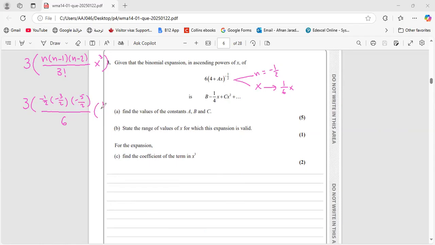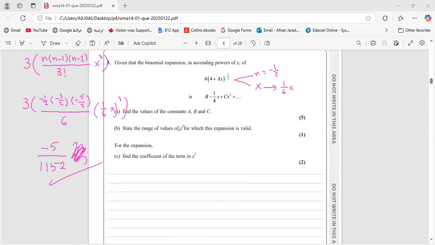Then substitute 1 over 6x to the power of 3. The answer will be negative 5 over 1152x cubed. The question is just about the coefficient, so the coefficient is negative 5 over 1152.